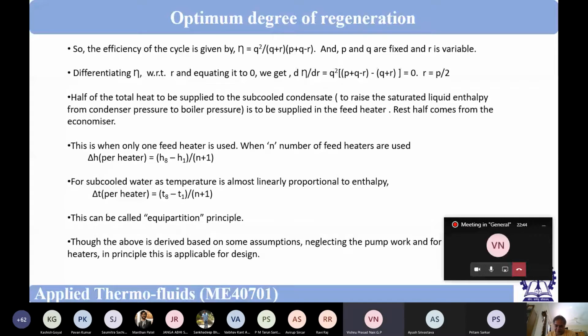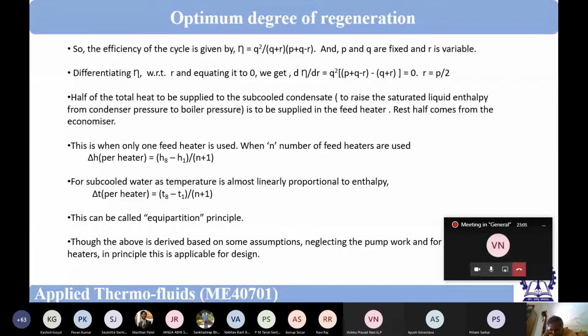Let me tell you. If you go to any book of thermodynamics, in the cycle chapter, you are absolutely correct.